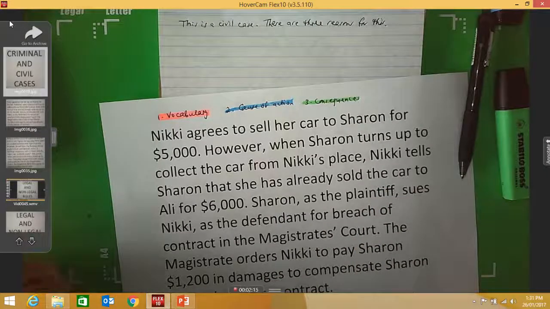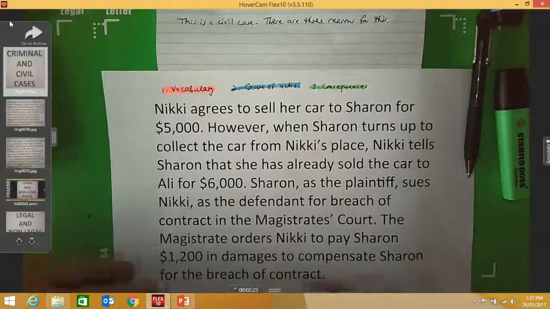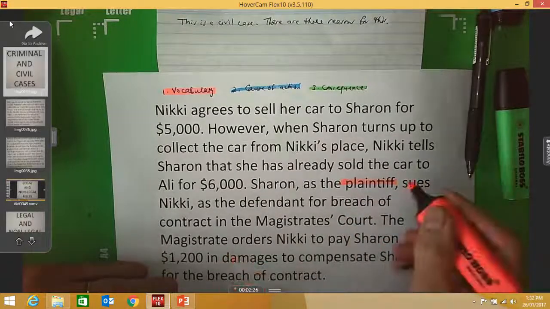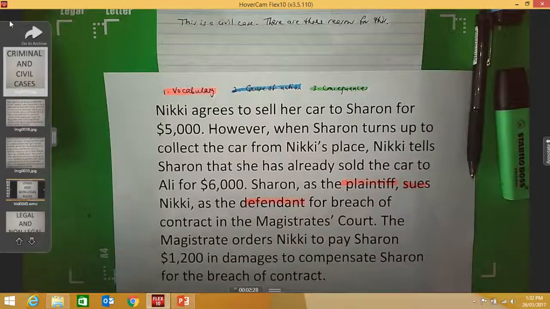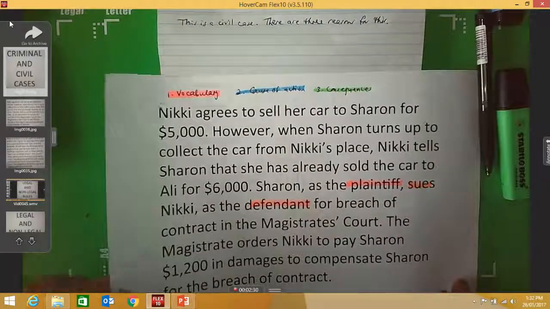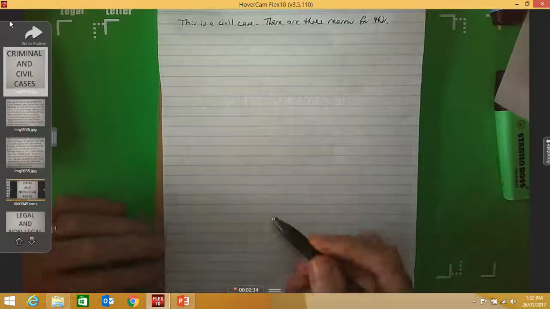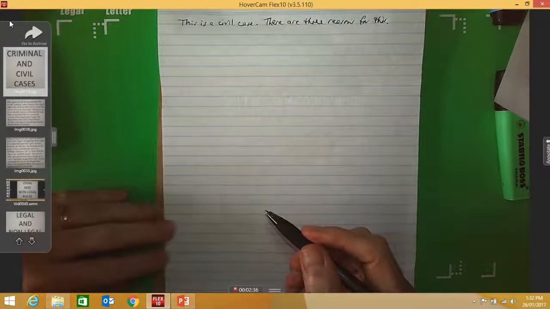So let's start off then by looking at the vocabulary that's used in this case study. You can see here that the case study refers to Sharon as the plaintiff suing Nikki as the defendant. And we know that plaintiff, sue and defendant are all words that are used with civil cases.